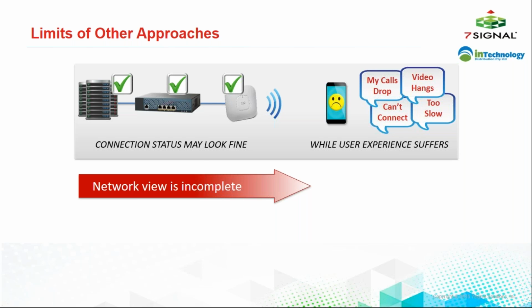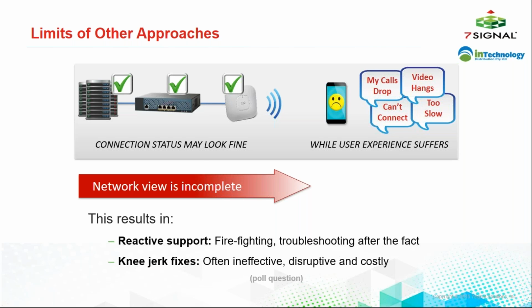The other thing that we might see in Prime is the utilization, in terms of how many clients are connected to the network, what their bandwidth is, all of these things. But we don't see anything with regards to can't connect to the network, or it's very slow and sluggish, or calls are getting dropped. It's incomplete.